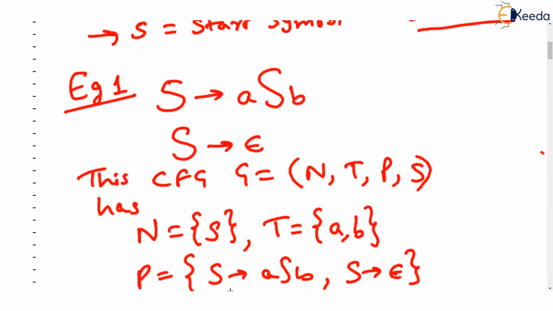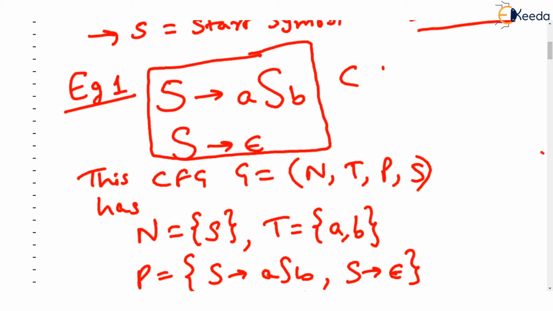Now notice a few arrow symbols with left hand side and right hand side drawn here. This is a CFG, context free grammar. I told you that context free grammar is made up of four things. If G is the grammar, then G contains non-terminals, terminals, productions, and start symbol.